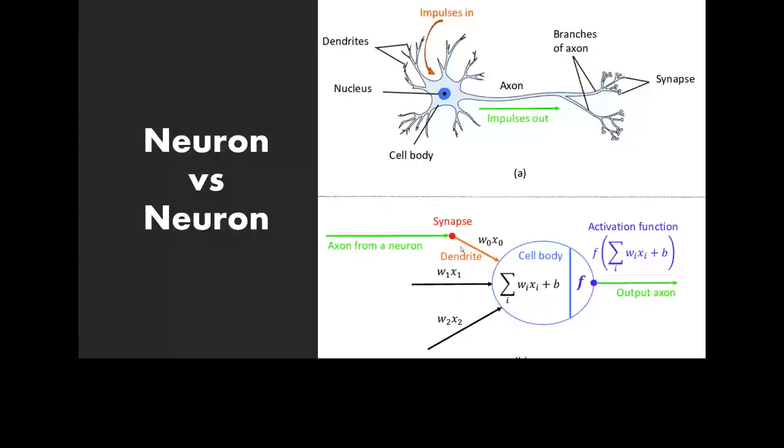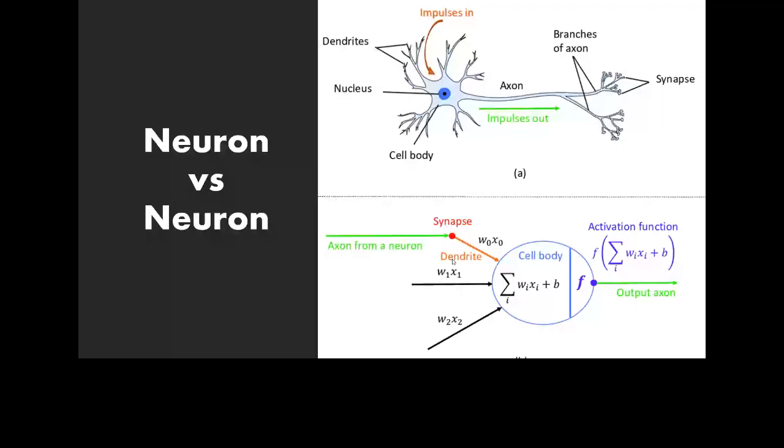Bias is basically a number b here. Then there's this thing called an activation function, which we'll come to later. We take f of the weighted sum and output that. This is a short explanation of what a neuron does. We'll look into it in more detail.